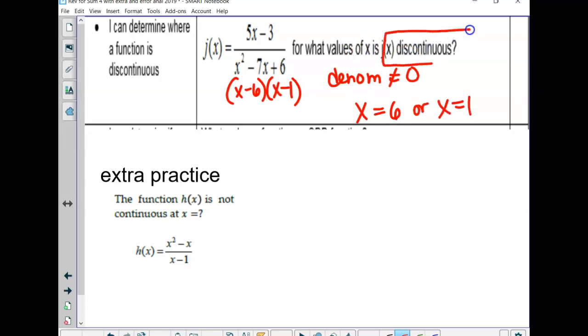This asks where it is discontinuous, so I went ahead and said if x were 6 or 1, it would be discontinuous. It's one of those double negative things. Do you say it cannot equal, but it is asking where it doesn't work? Everybody okay?